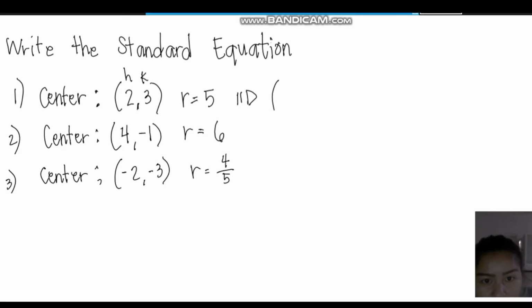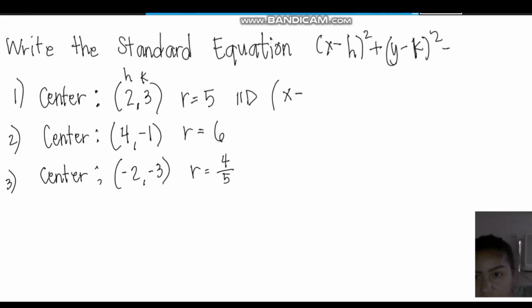So, x, since laging kasama niya si h, diba ang ating standard equation again, ay x minus h squared plus y minus k squared equals r squared. So, yan ang ating standard equation.